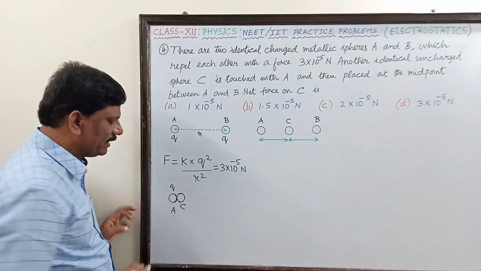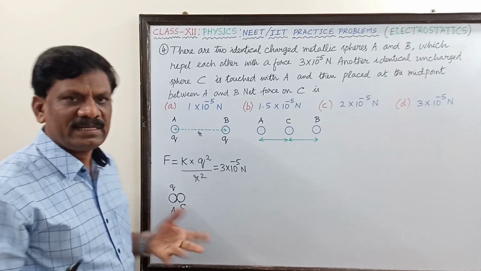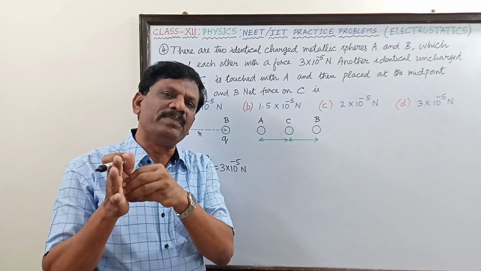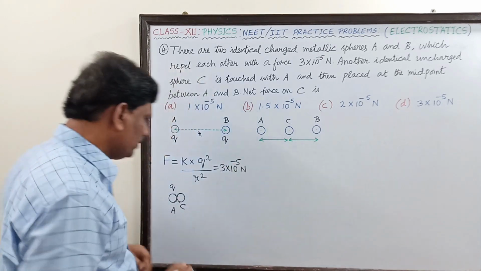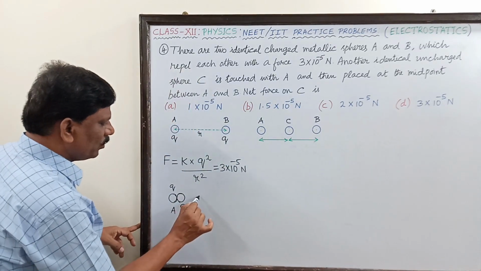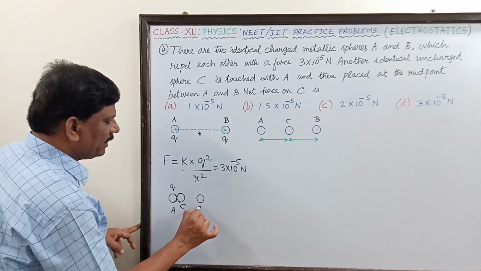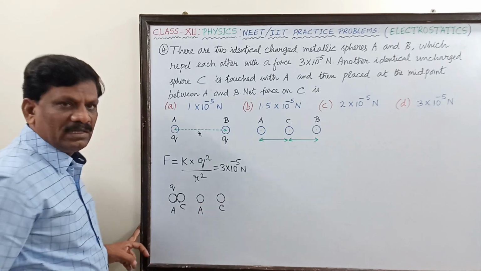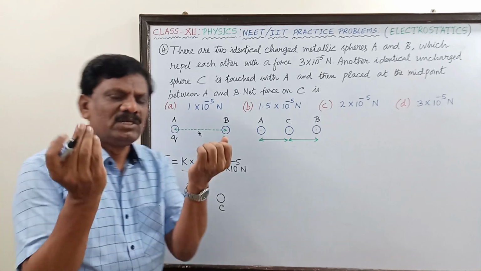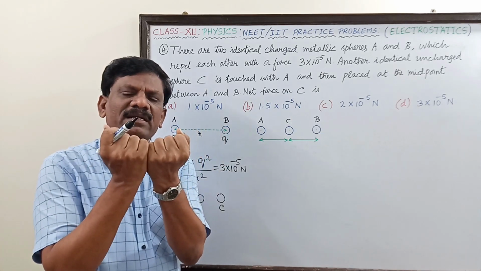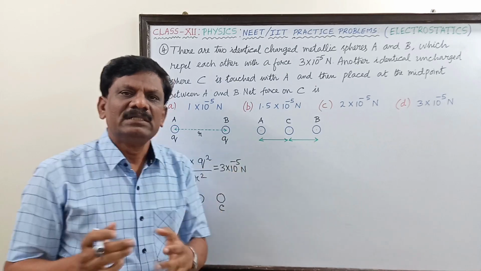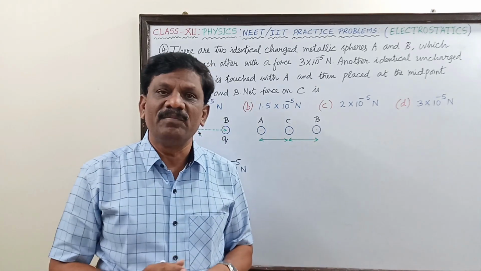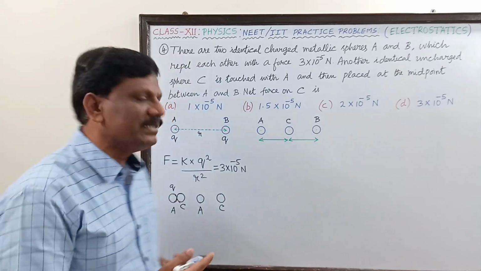It has no charge, but when it is in contact with the charged sphere A and then removed, this is A and this is C. When two conducting spheres are in contact and then removed, the charge Q will be equally shared by both the spheres A and C.